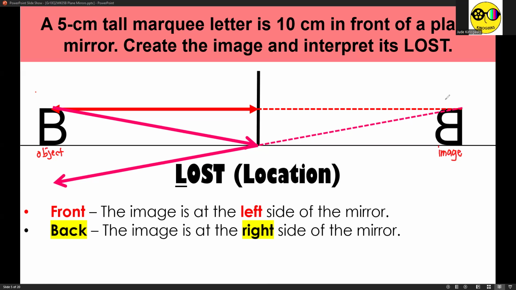All we have to do is find the location of where the image was formed. There are two sides of the mirror, specifically in this ray diagramming. The left side, which we will label as front, and the other one is the right side, which we will label as back.